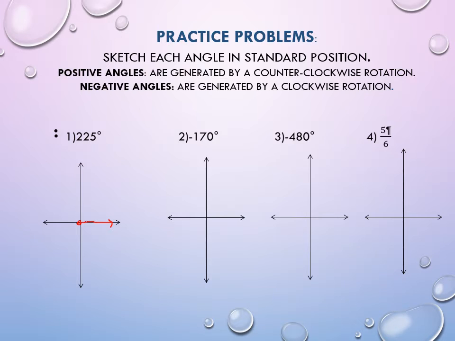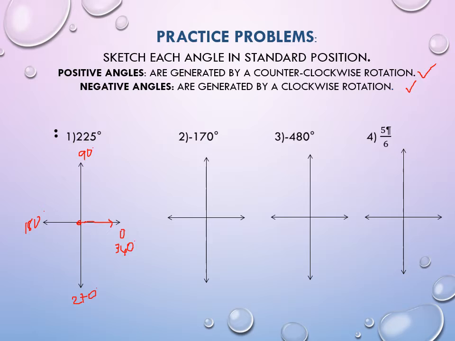When we have positive angles, it's going to rotate counterclockwise, and when we have negative angles, it's going to be a clockwise rotation. So if we just remember, this is our 0, this is our 90 degrees, this is our 180, and this is our 270, and a full revolution would be 360 degrees.